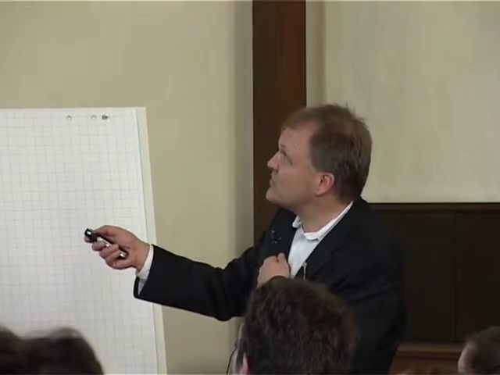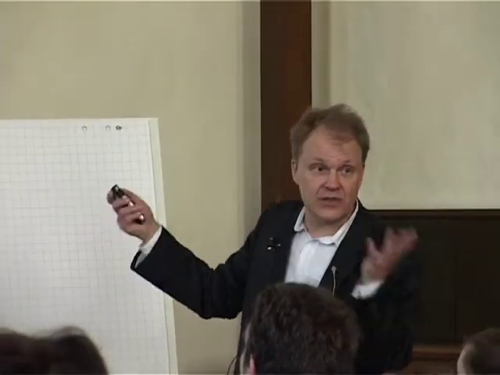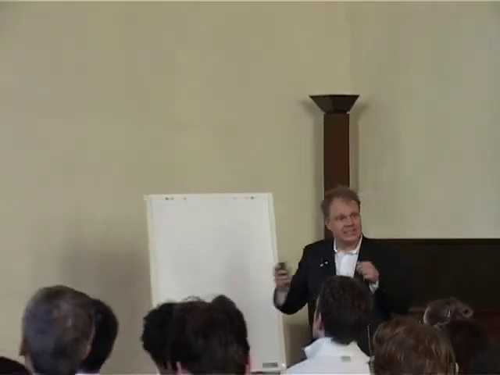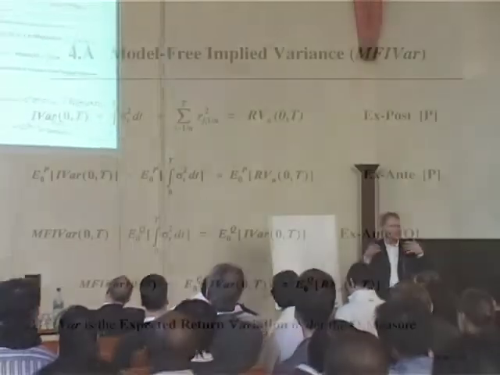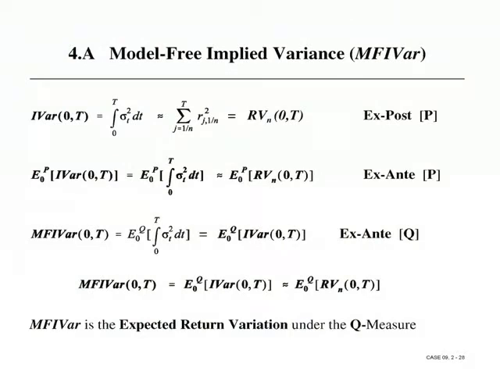How do you price it? You just take the expectation of that under the Q measure and you're done. This is what the investment banks would do, except they jack up the price a little bit to make some money on it. But the theoretically fair price would be this one. And if there are a lot of market participants, they would drive the price pretty close to this. So you get the expected value of the integrated variance as the price of these variance swaps.